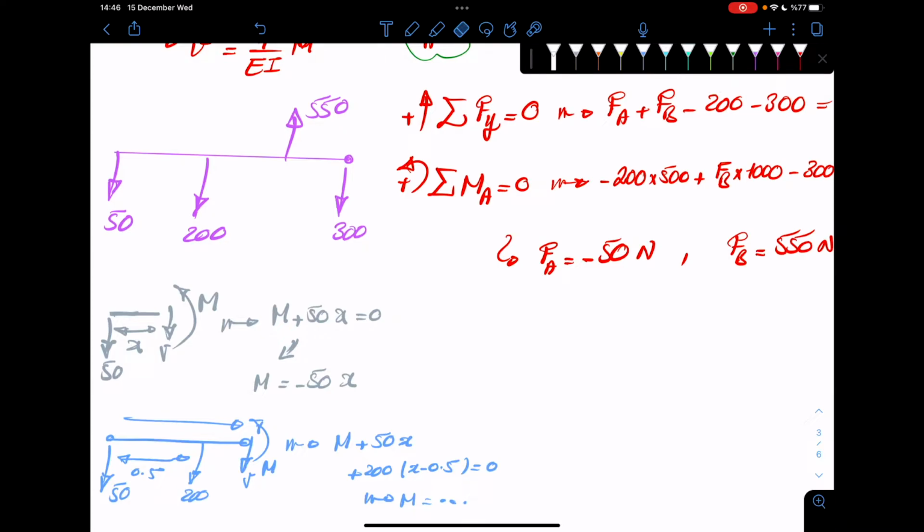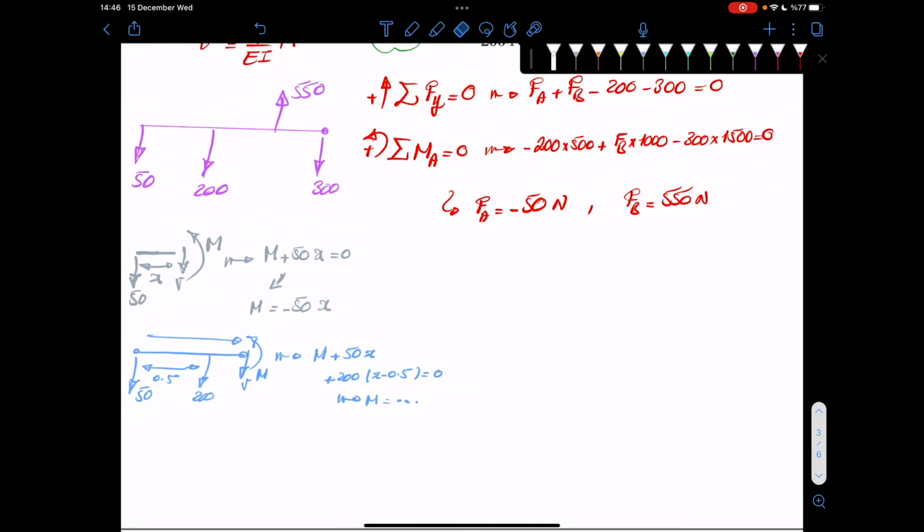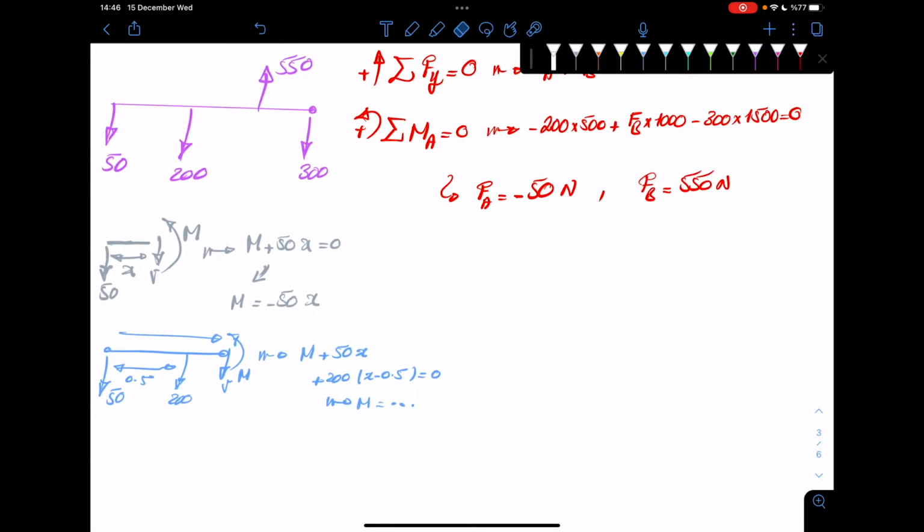What we want to do instead is to use our Macaulay brackets, or discontinuity function. If you use your discontinuity function, the solution for this problem simplifies significantly. See, your moment is minus 50 times x minus 0, because this 50 is only at point x0.